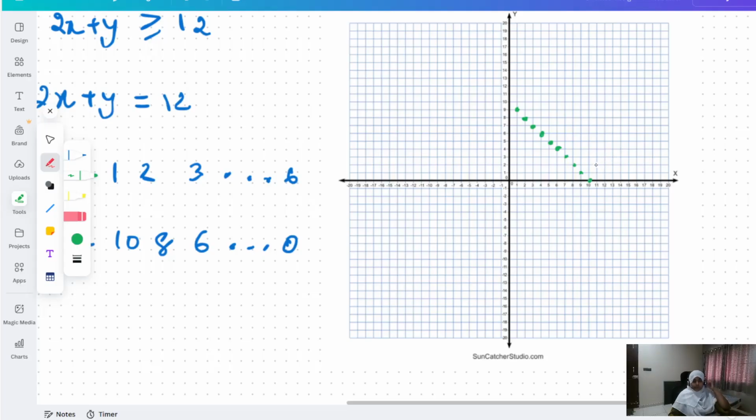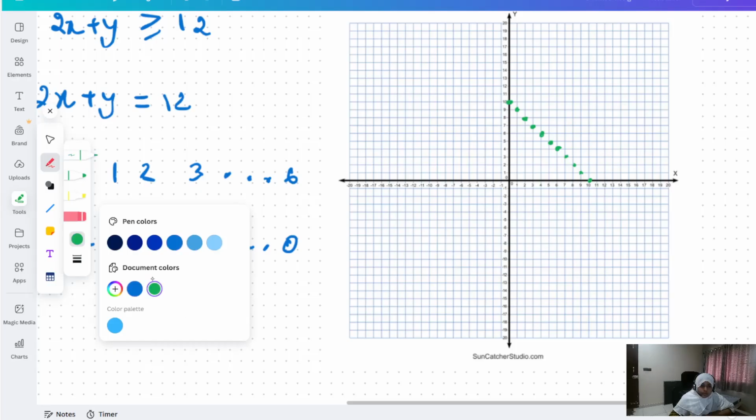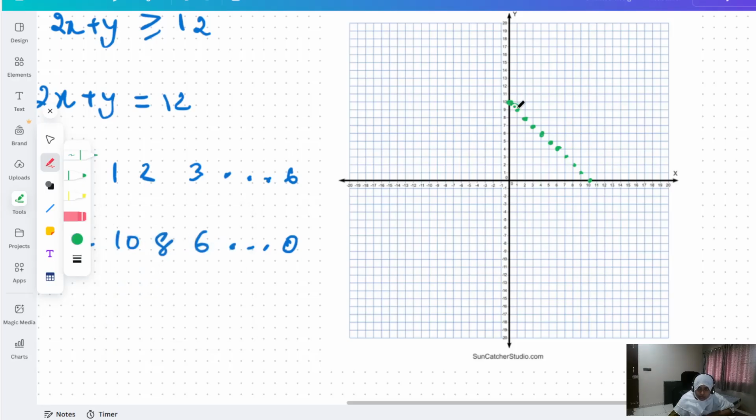So we have got this, and obviously for 0, it will be 10. Next, I'll draw a line for this. I think this is also so big. Wait.